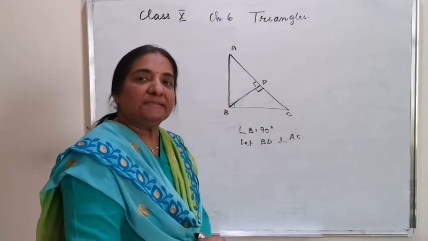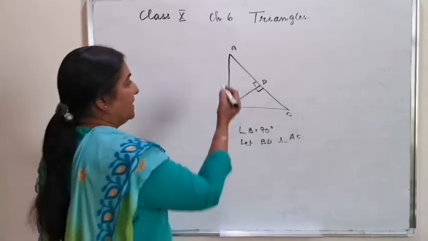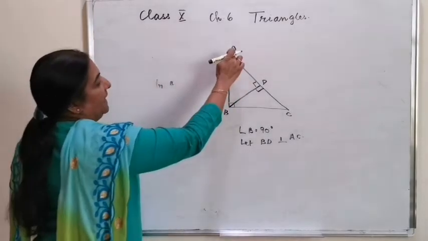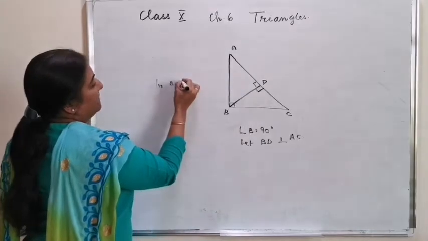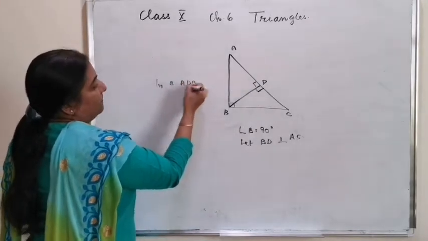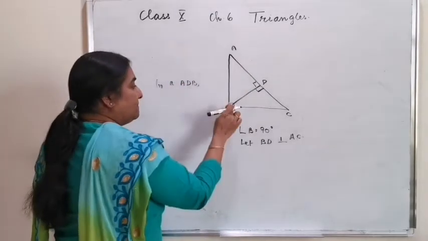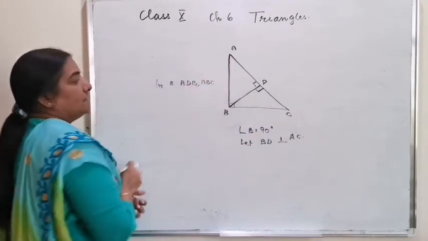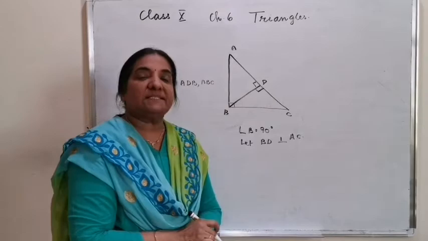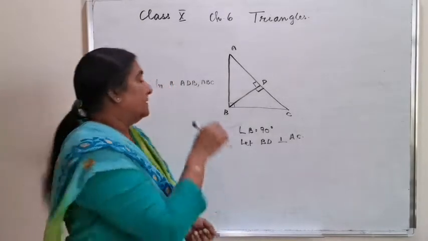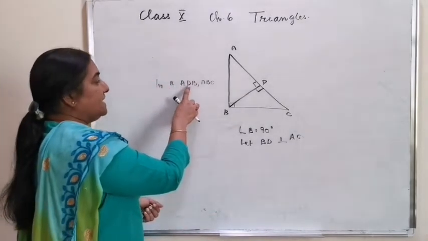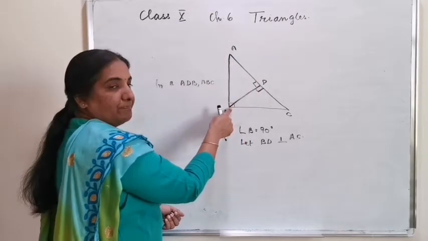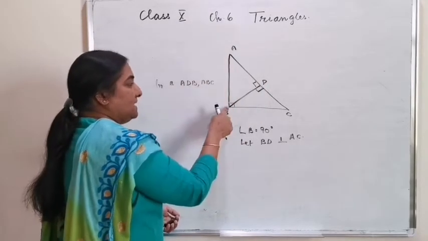By the known similarity, in triangles ADB and ABC, can you prove them as similar? Triangle ADB and ABC.